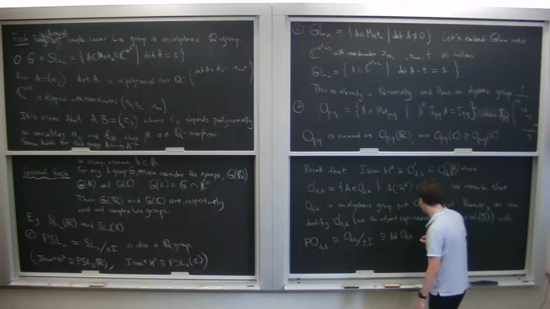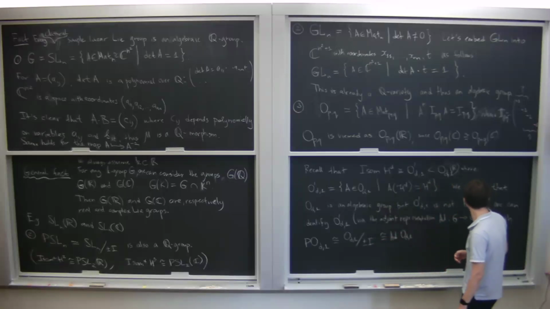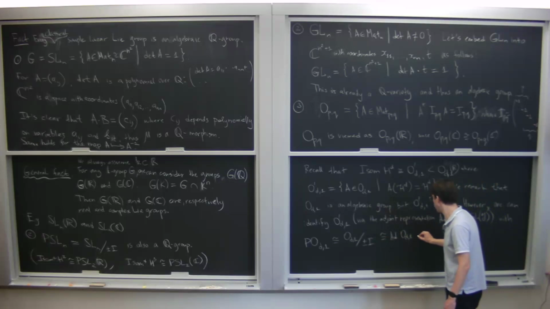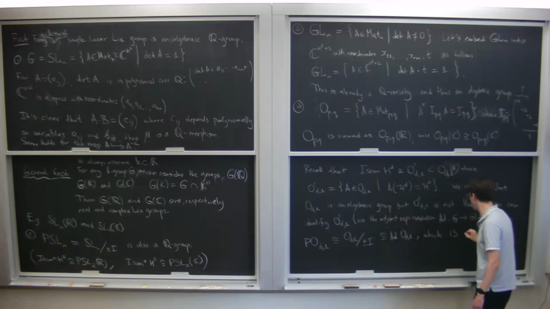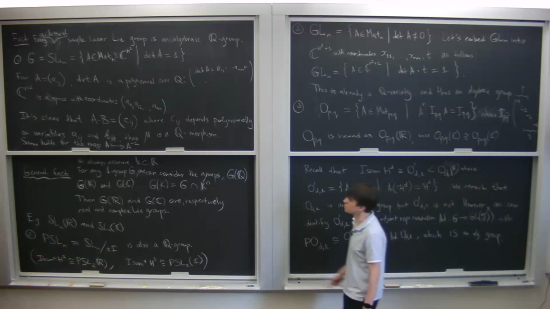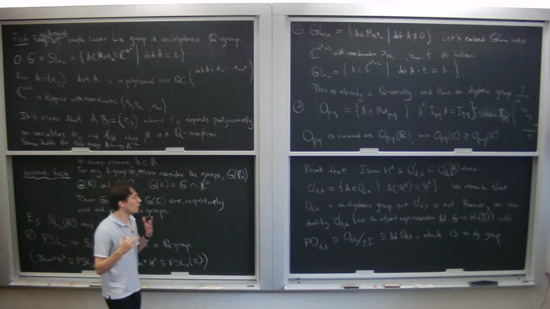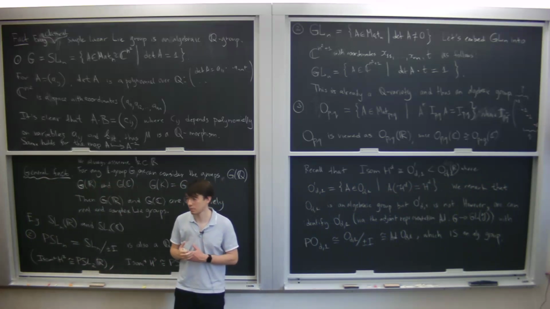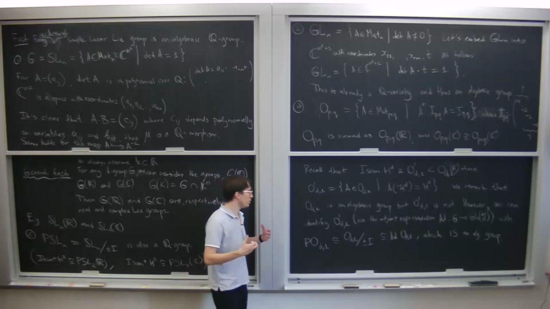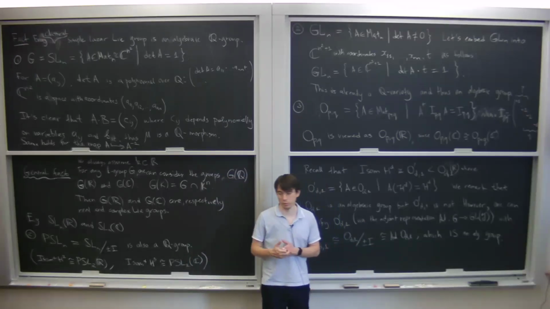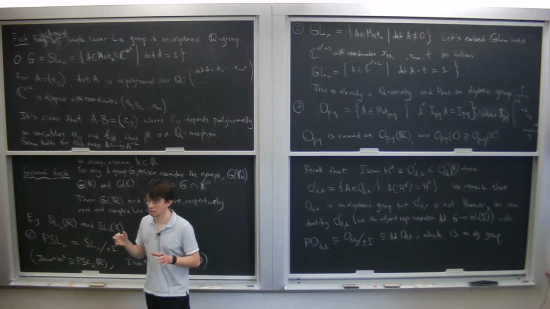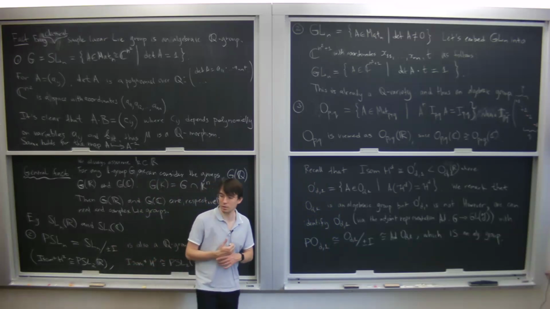And this is already an algebraic group, PO(D,1). So again, as you see, the Lie groups of isometries of classical symmetric spaces can be viewed as algebraic groups, in these very classical cases.